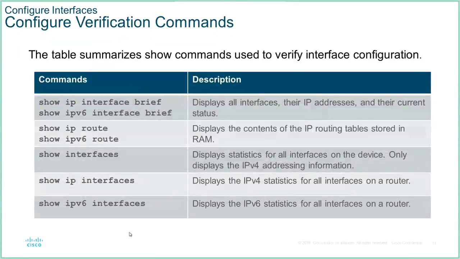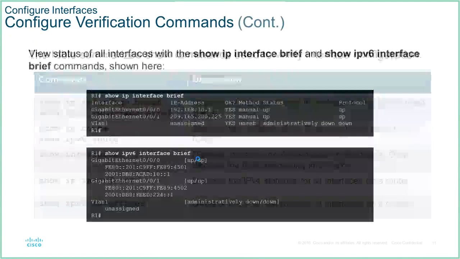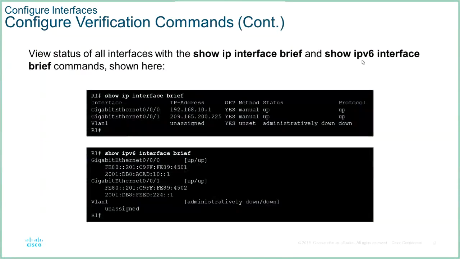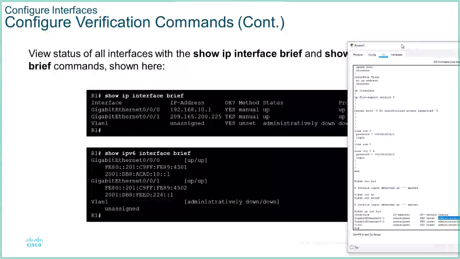Now, as I said, the show interface command will give us all the information on the interface. That's layer 2 and layer 3 information for that interface. It's quite a lot of information, and I would recommend using it with the specification of what the interface is.